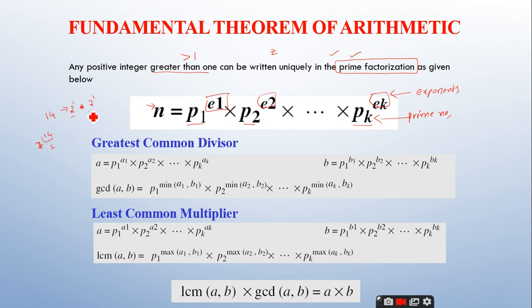Here 2 and 7 are prime numbers, and the exponent of each is 1. Like that, you can express any positive number from the set Z as a product of prime numbers with their respective exponents. Clear?